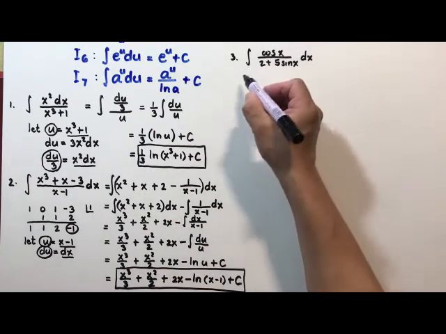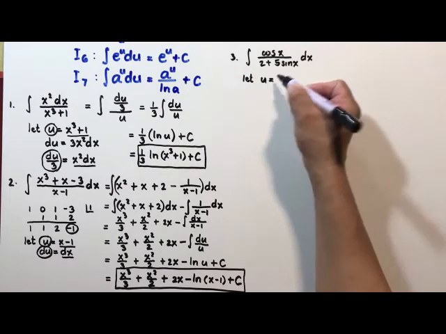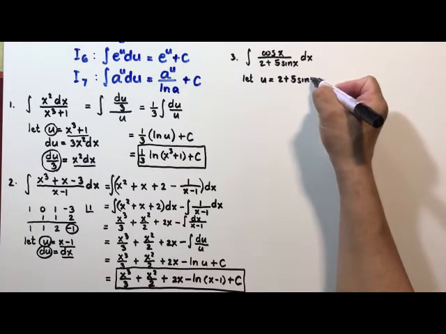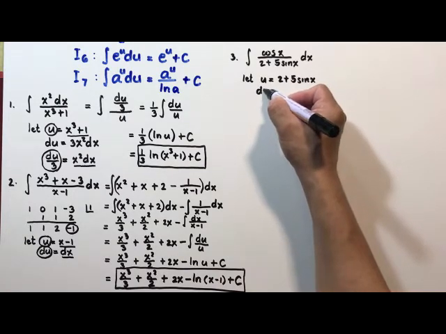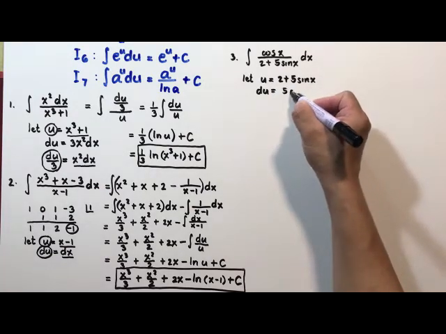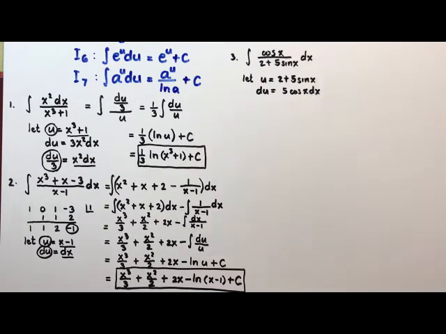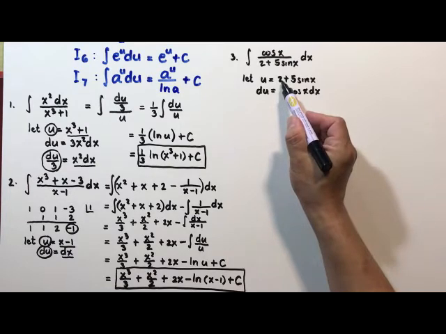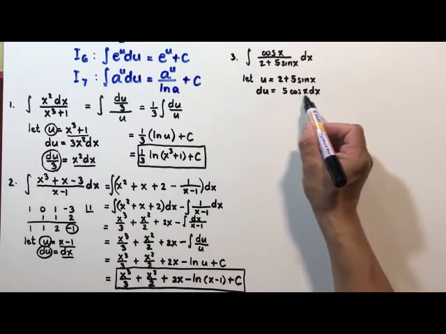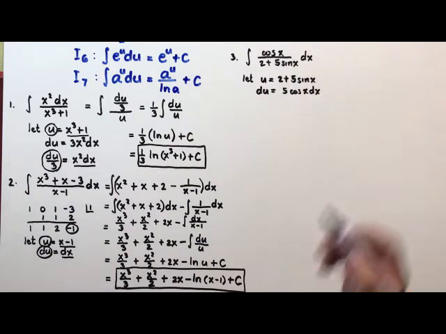Now, we realize that when we let our u be equal to 2 plus 5 sine x, I realize that the derivative of this expression is just 5 cosine x dx. Why? Because the derivative of 2 is 0, and the derivative of sine x, it's cosine x. But of course, we have here a numerical coefficient of 5.